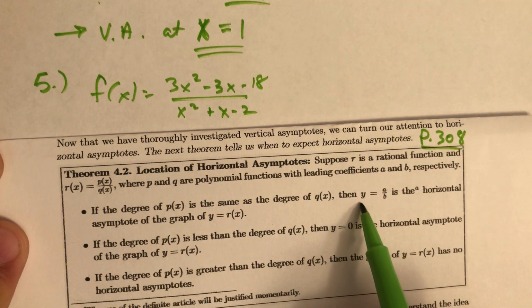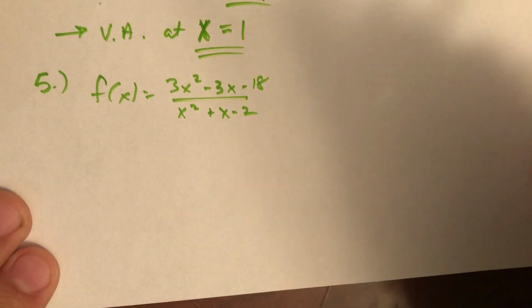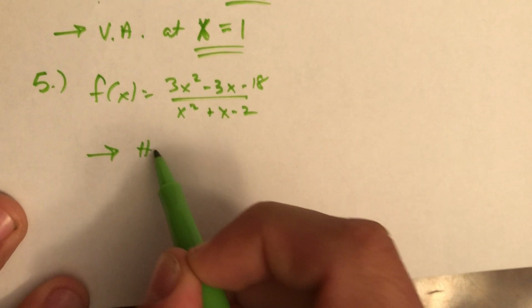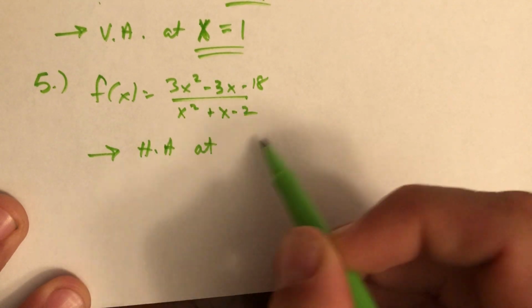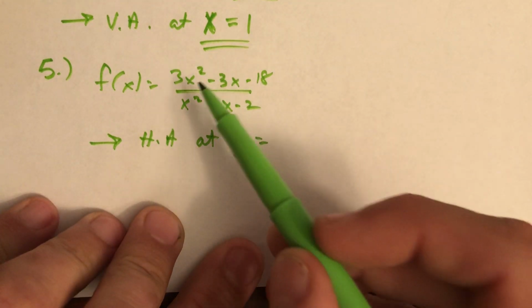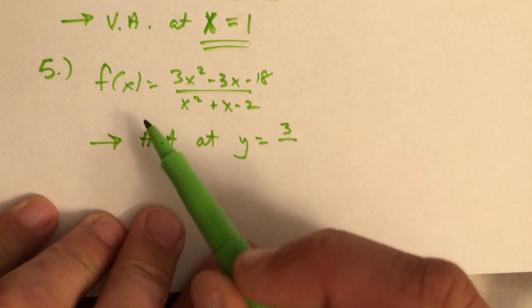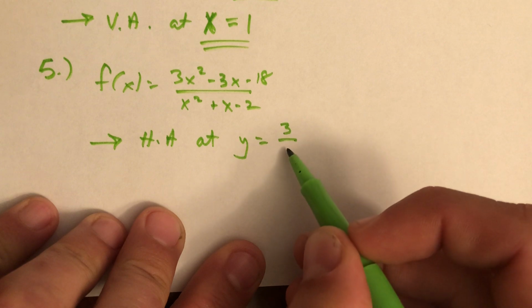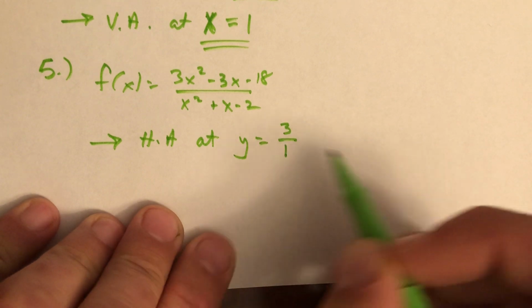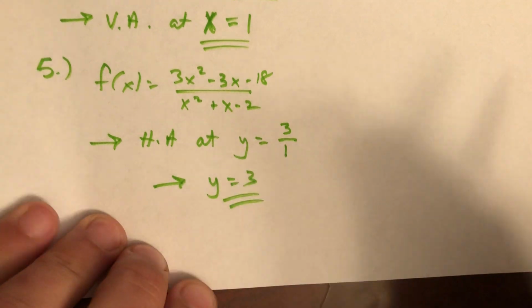So that means that y equal the quotient of their leading coefficients is the horizontal asymptote. So we can say horizontal asymptote at y equals the quotient of their leading coefficients. So the leading coefficient in the numerator is a 3, and the leading coefficient in the denominator is a 1. So we've got horizontal asymptote at y equal 3.